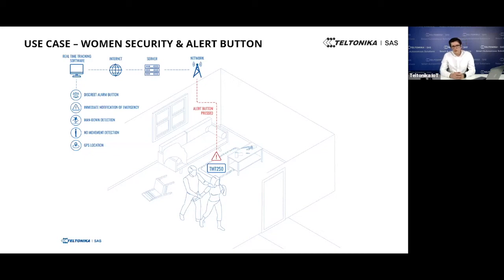We have this use case in Mexico, where the municipality of one particular city implemented our solution together with a partner software and managed to launch the solution and extend it to other cities to protect women, right?